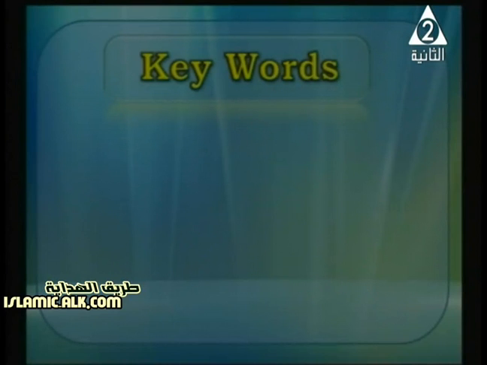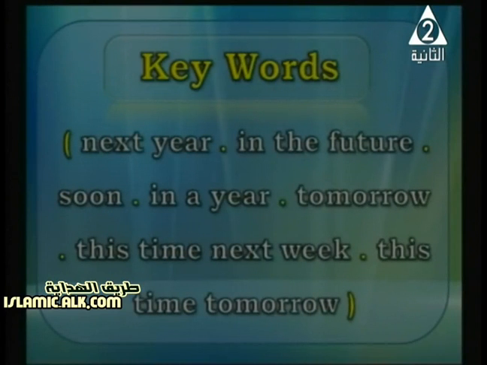Now let's see together the keywords. Next year, in the future, soon, in a year, tomorrow, this time next week, this time tomorrow. These keywords are for the future in general, but when we talk about will plus infinitive, it has other keywords.